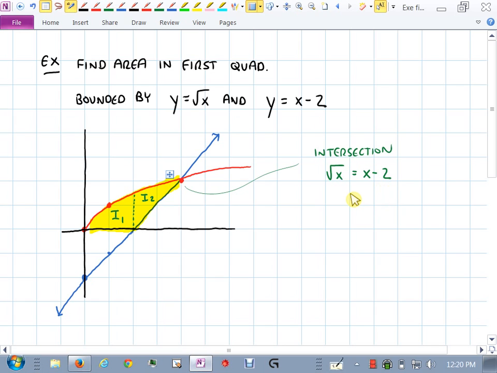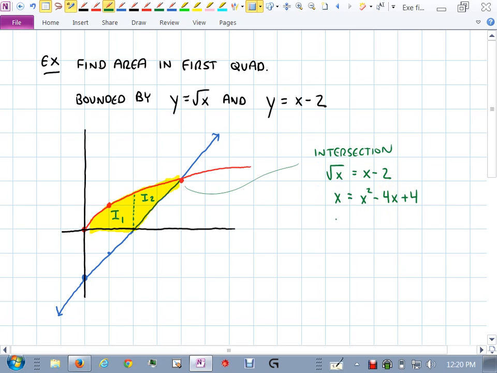And to solve for x here, it's a radical equation. The first step to solve a radical equation is to isolate the radical, which it is. Once you isolate the radical, you square both sides. If I square the left side, I get x. I square the right side, I get x squared minus 4x plus 4. Remember, because when I square the right side, I have to FOIL it out, expand it, collect like terms, so you get this.